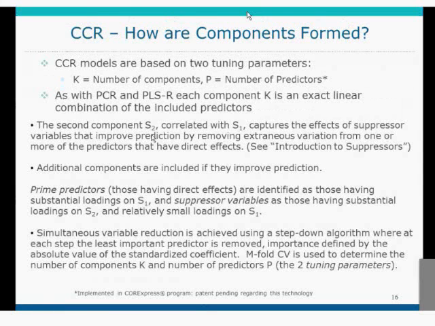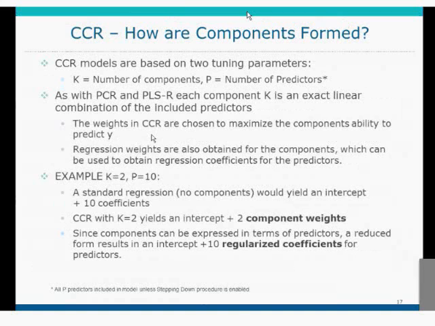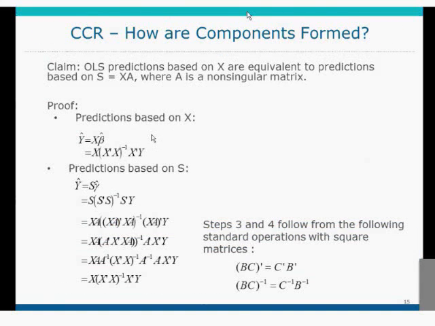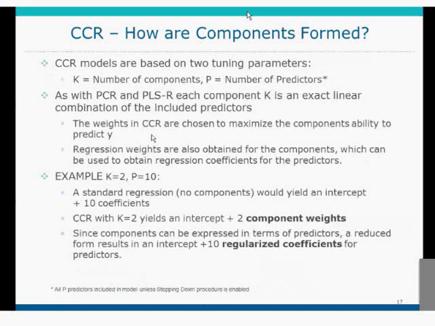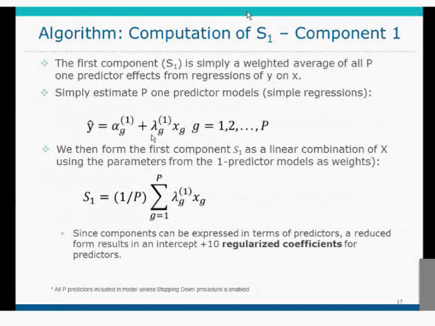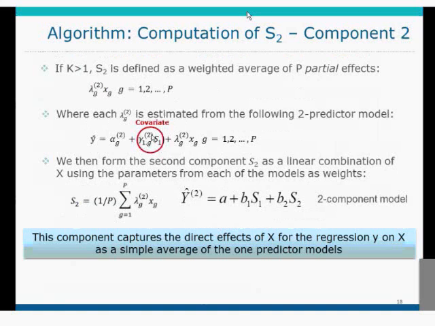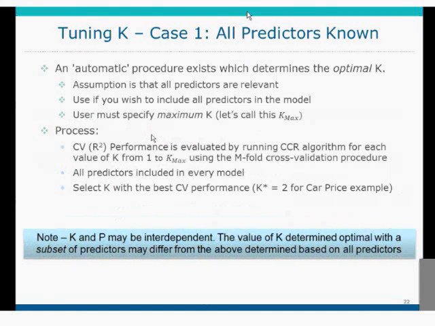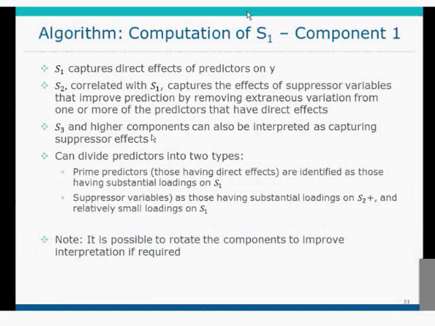So how do you get components? First we do a one-component model that just has S1 in it, and then we do a two-component model, which has two components in it.